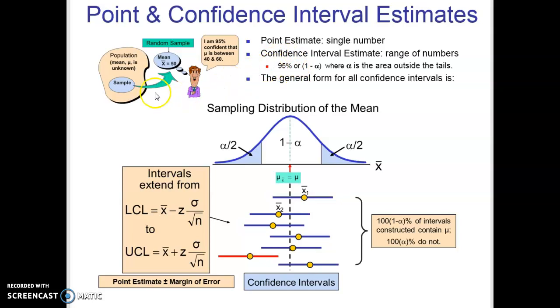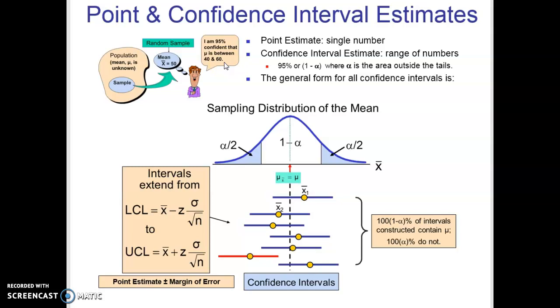For example, if we take a sample from a larger population and we get a mean of 50, we might be able to say that we're 95% confident that the true population mean is between 40 and 60. This is the more common way of communicating inferential statistics.